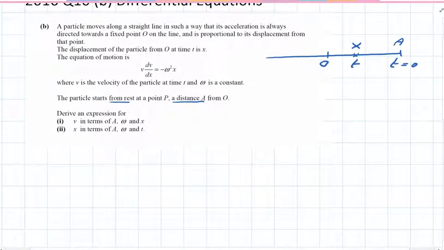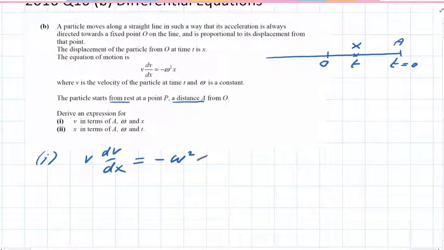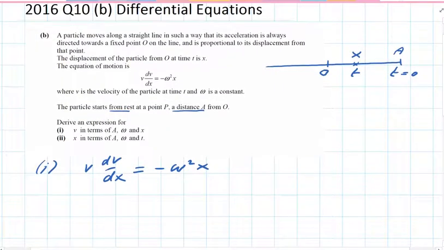So we'll write the equation down here. In part I, it's v dv/dx equals minus omega squared x, where omega is a constant. Now at this stage we go through the three steps that we always do for this type of question. Number one is separate the variables, which in this case are v and x.